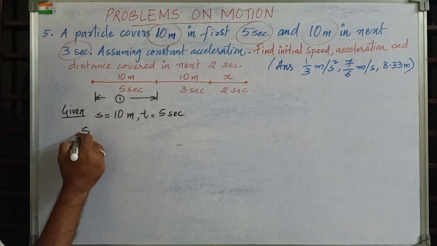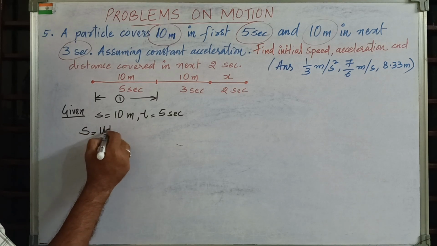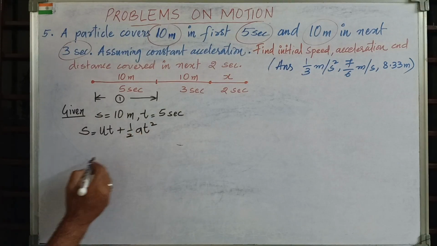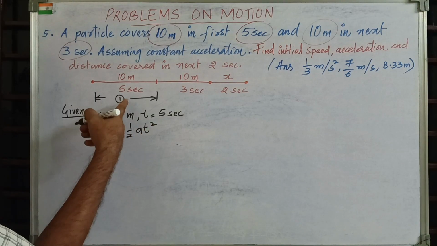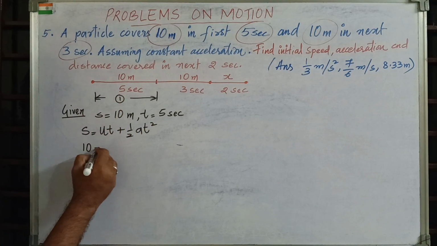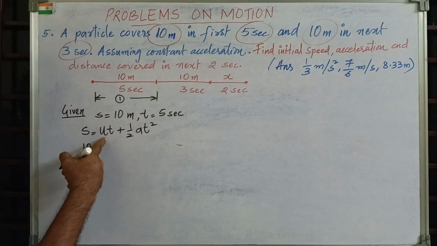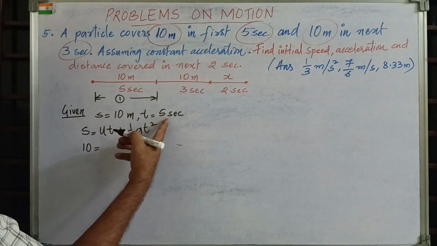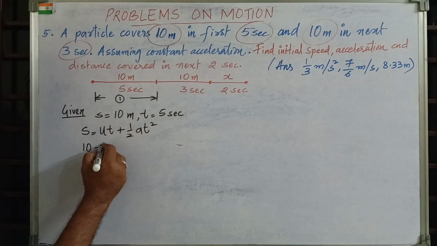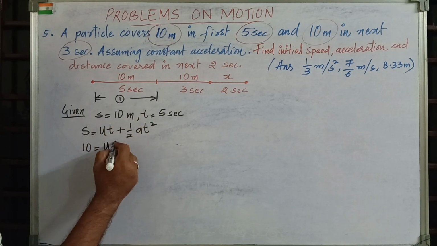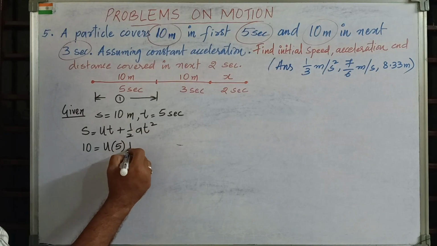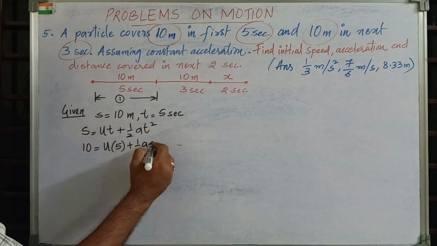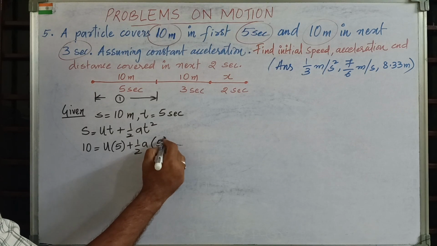Let us substitute in S is equal to UT plus half AT square. S is 10 meter. 10 is equal to, initial velocity U is not given, so U; time is 5 seconds, plus half, A is not given, and time again, 5 square.